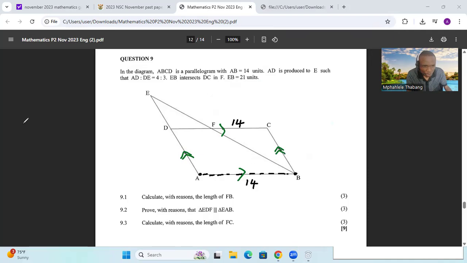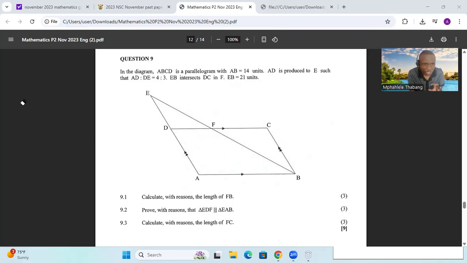So I'm also told that the distance from E to B is 21 units. The first question says: calculate with reasons the length of FB.